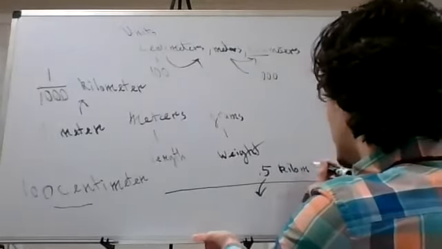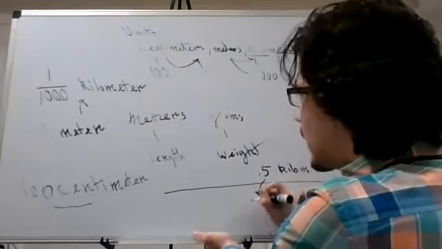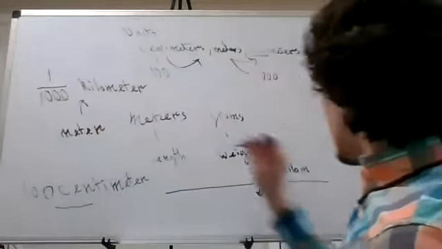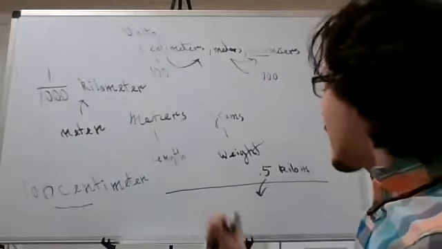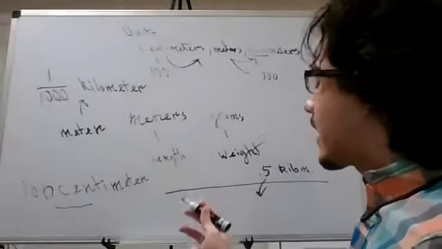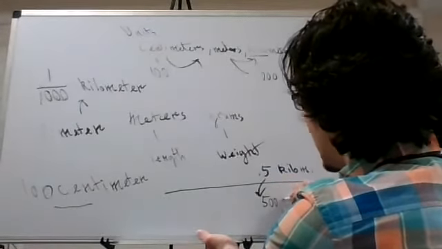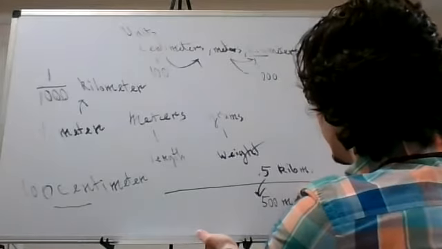So 0.5 kilometers would be, because we know that there are 1,000 meters in a kilometer and 0.5 is equal to 1/2, we can divide 1,000 by 2. So we know that there are 500 meters in 1/2 kilometer.